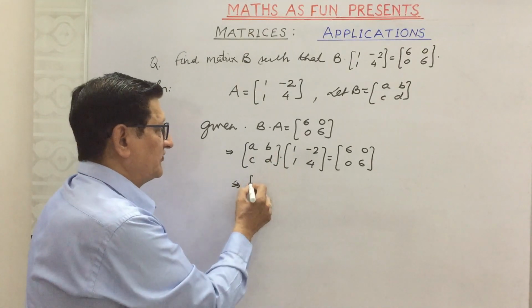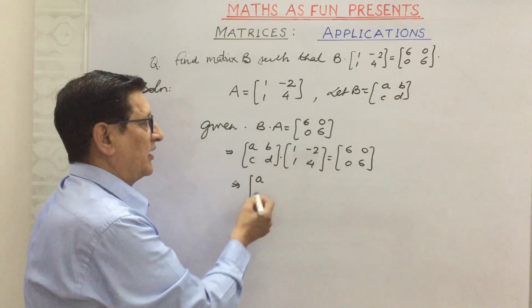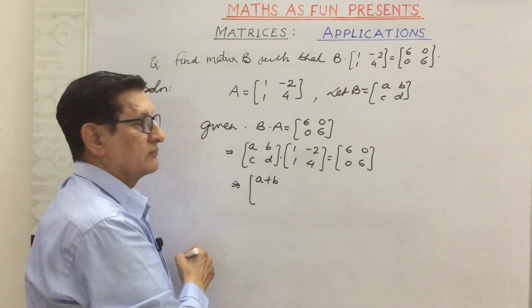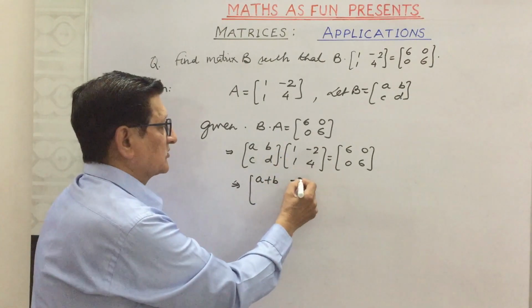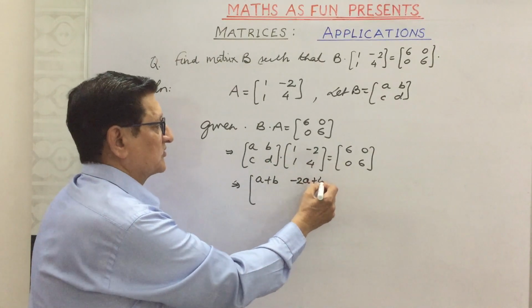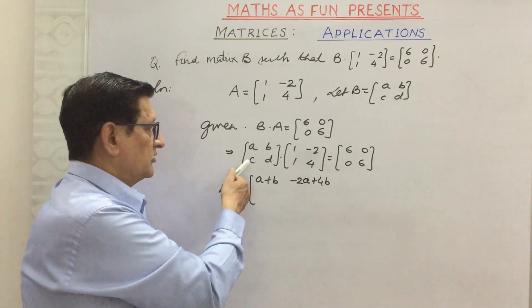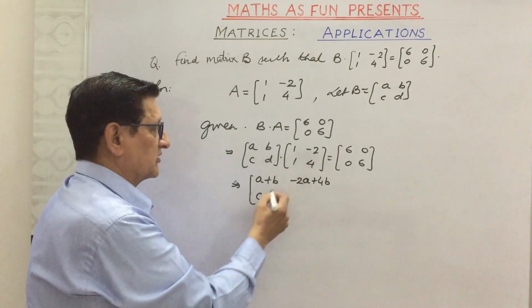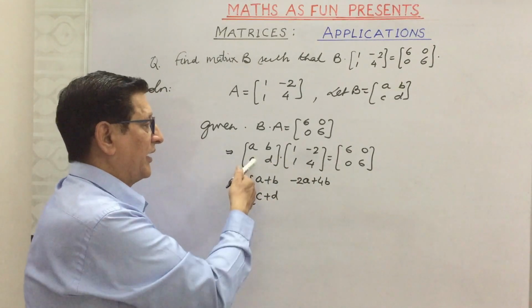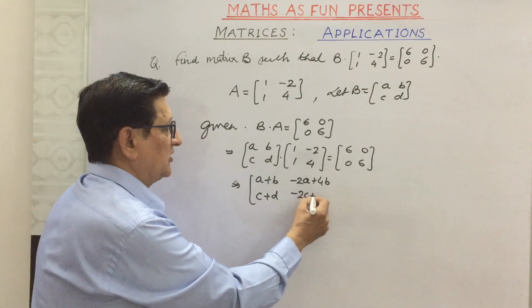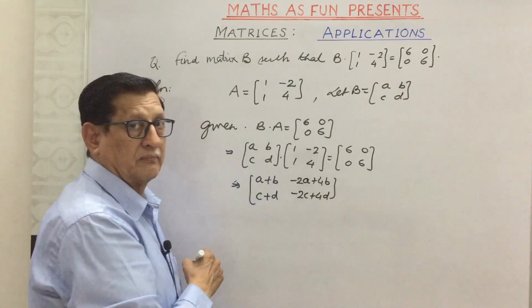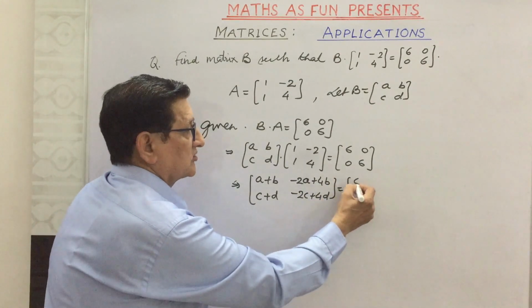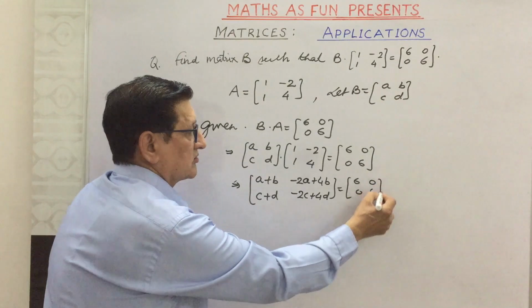When we multiply this, we are getting a into 1 is a plus b. a into minus 2 is minus 2a plus 4b. c into 1 is c plus d into 1 is d, and this is minus 2c plus 4d, equal to 6, 0, 0, 6.